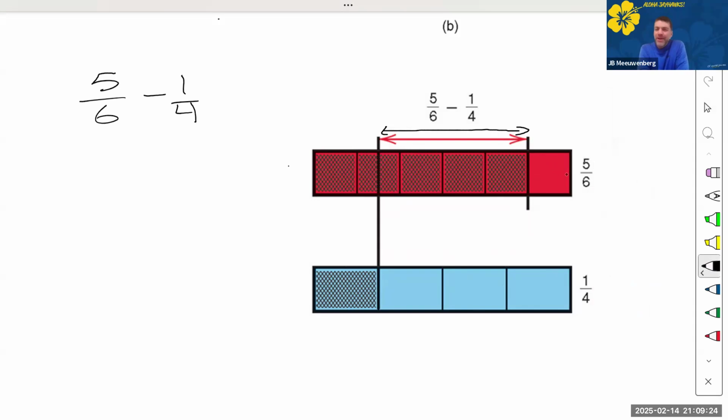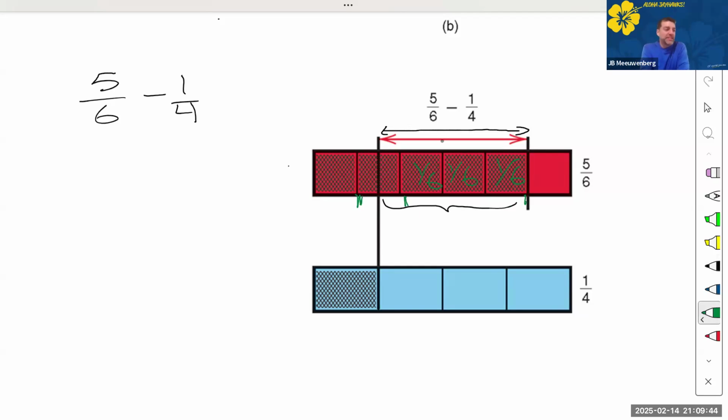So just by looking at it, if we're trying to measure how big this is, if we know each one of these pieces is 1/6, that means this is 1/6, this is 1/6, this is 1/6, that's 3/6 right there. This would be a 4/6.